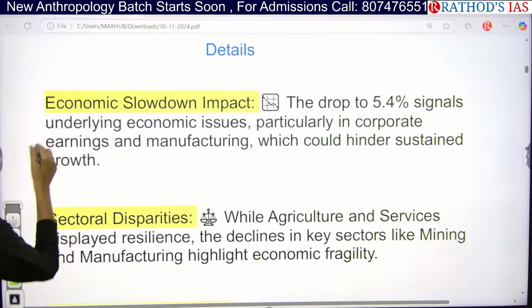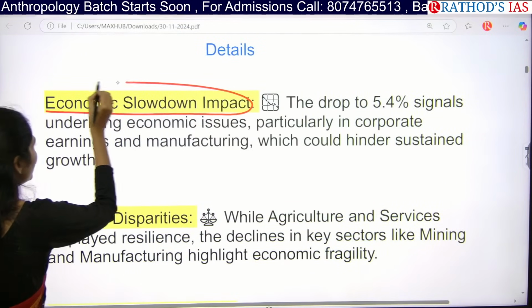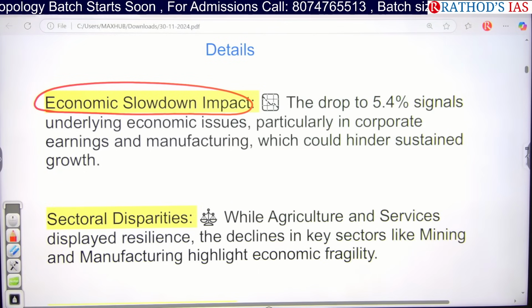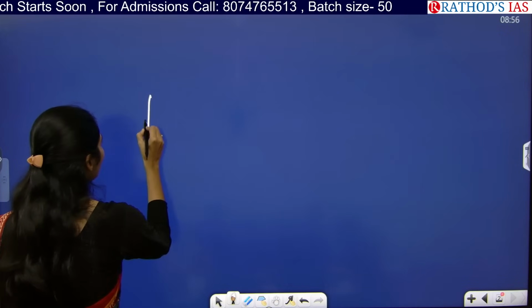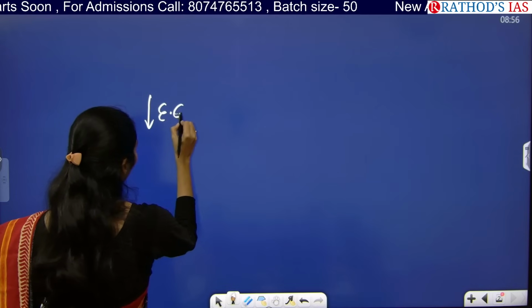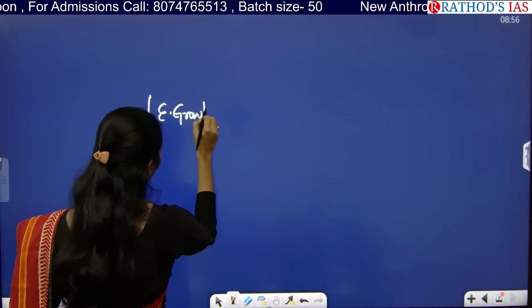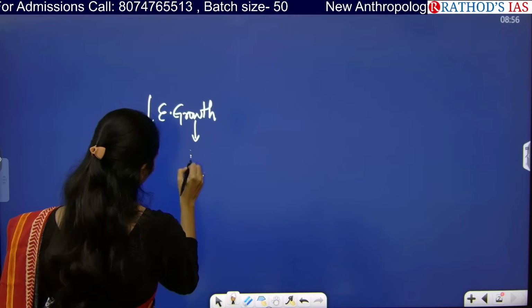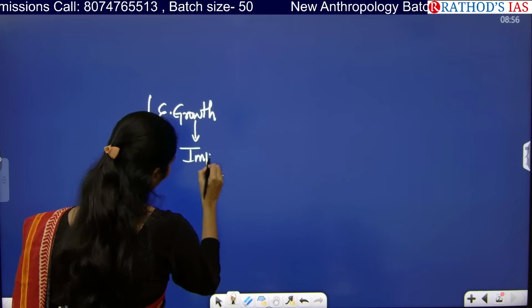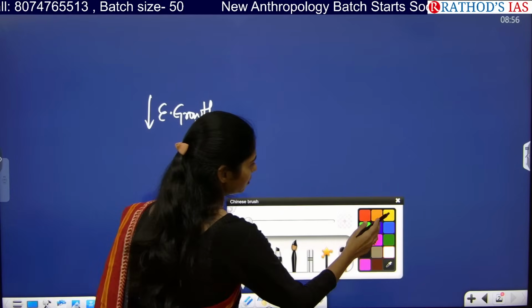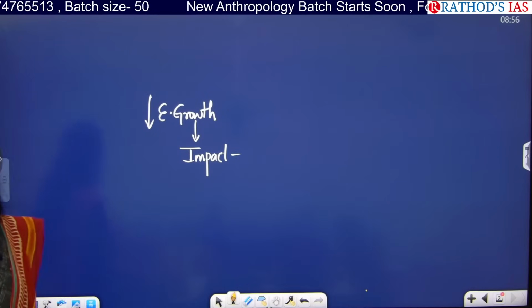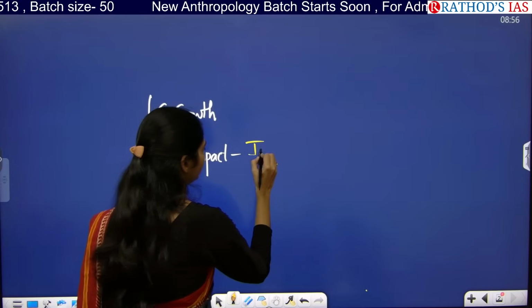The first one is that now we can understand there is an economic slowdown. Now I want to ask one more question, guys. Whenever economic growth decreases, what will be the impact? Now tell me, what happens? Okay, inflation.